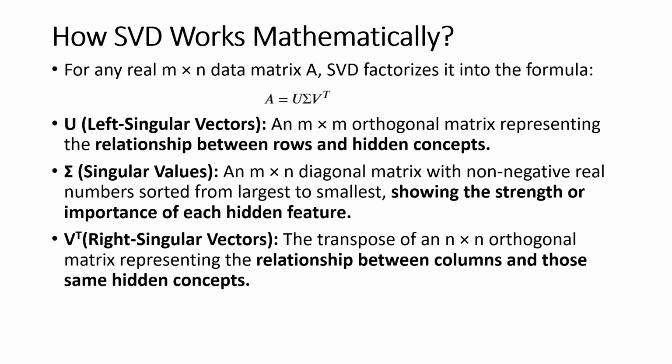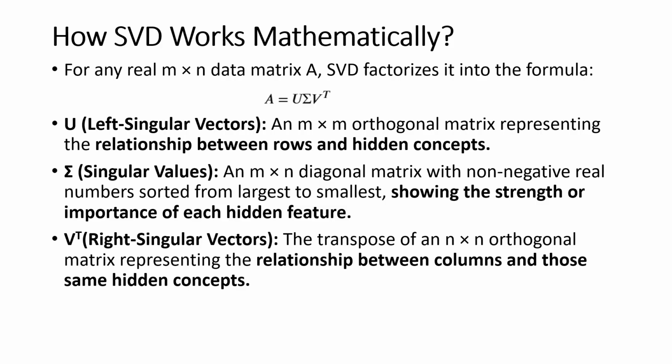Any m by n matrix is divided into three components, U, sigma, and V raised to t, where V raised to t is known as the right singular matrix. It finds the relationship between the input features and the hidden concepts. Sigma, the singular values, is an m by n diagonal matrix. It shows the strength or importance of each hidden feature that the model has found.